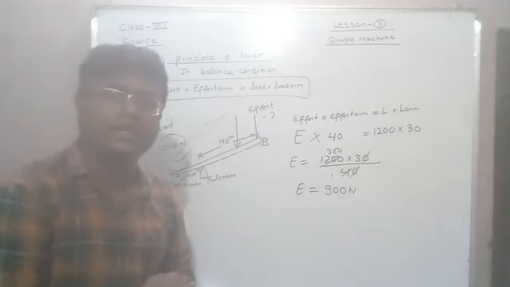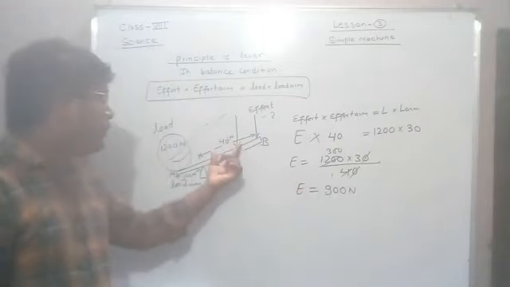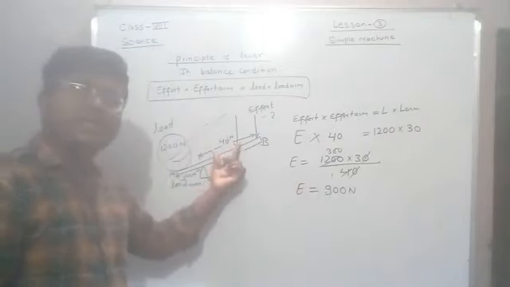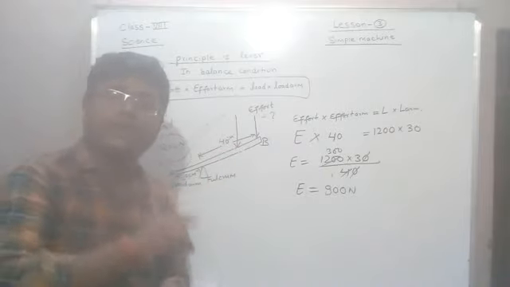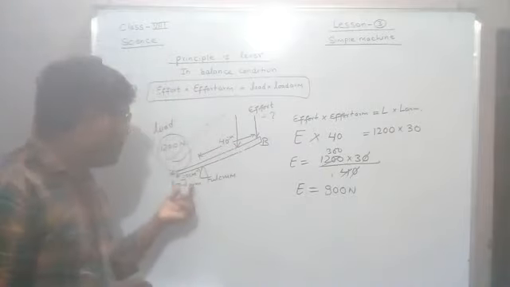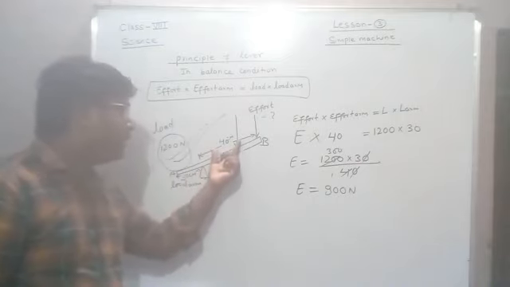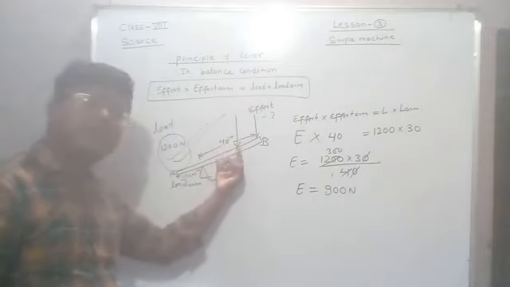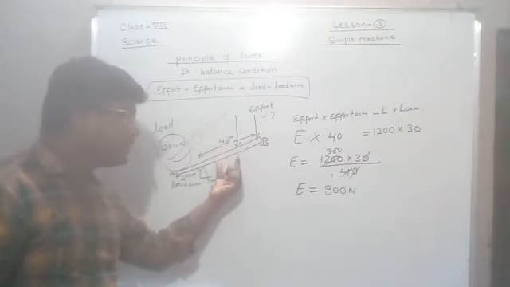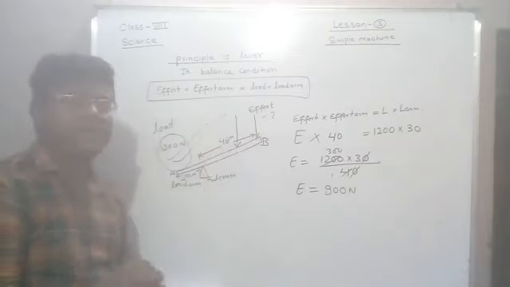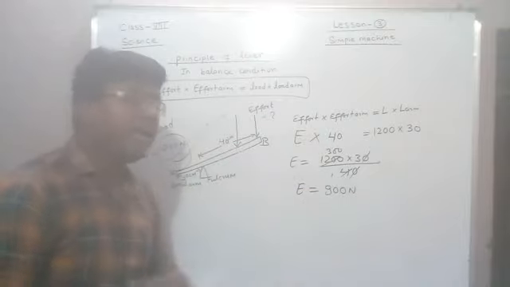I hope it is clear. So here, before, when it was 80 centimeter, the effort was 450 Newton. But now when I decrease the effort arm, the effort distance, to only 40 centimeter, we got effort as 900 Newton.